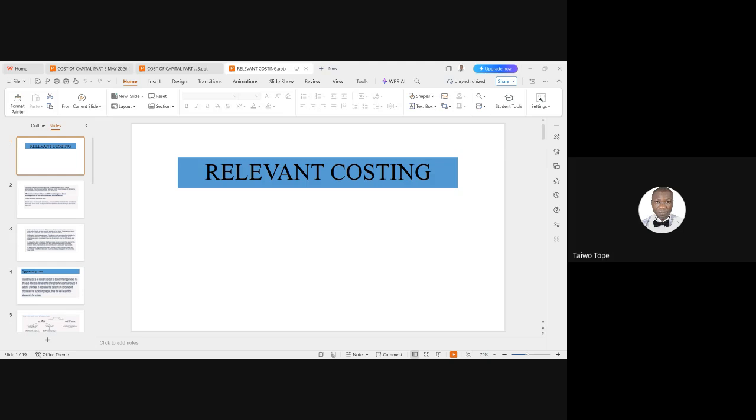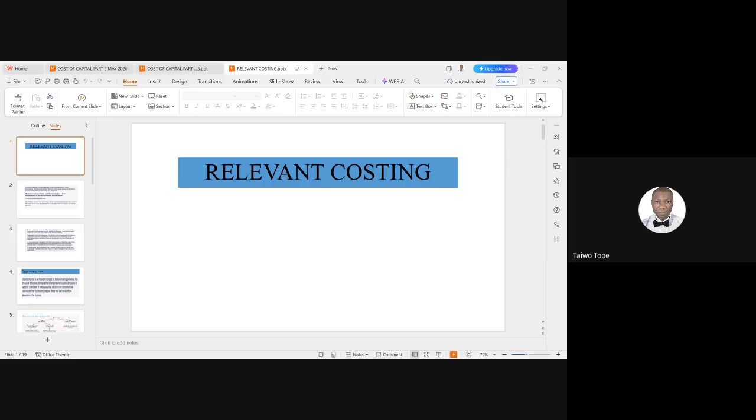Which of these sacrifices will be best? That is the opportunity cost. So as we move ahead, just note these three points very well. You will see how we're going to consider them as we look at questions. Future cost, incremental or extra cost, opportunity cost, that is what you give up.